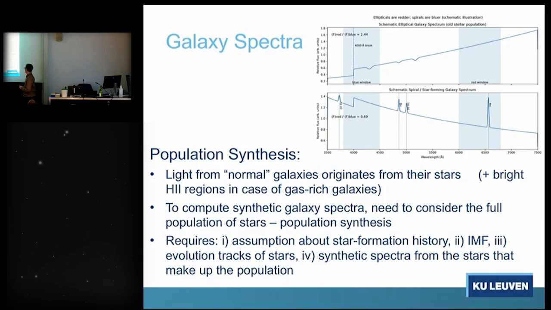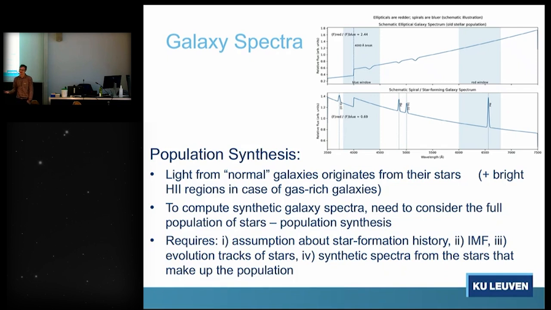So, for example, you have to assume how much star formation there is, because that's how you can get roughly how many stars of a different sort there are. An initial mass function, how many stars are born with a certain mass. You have to have some sort of evolution track of the stars, again related to this simple fact.